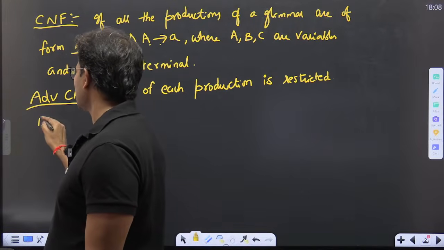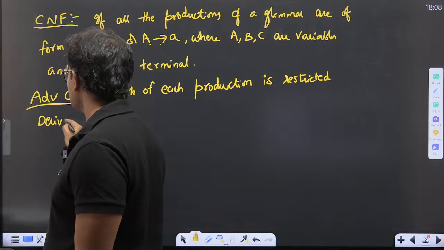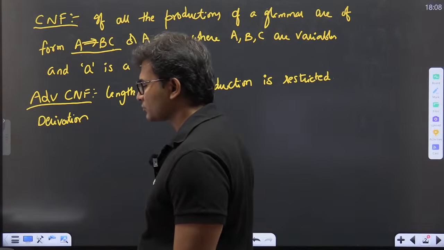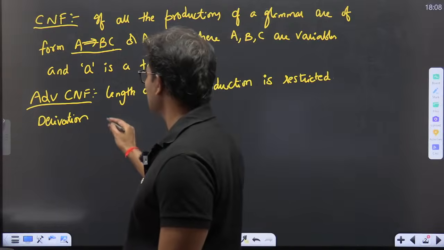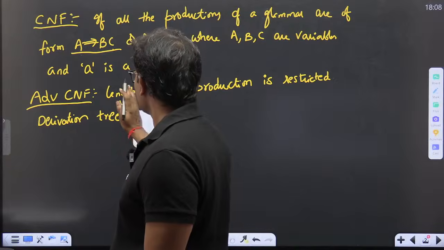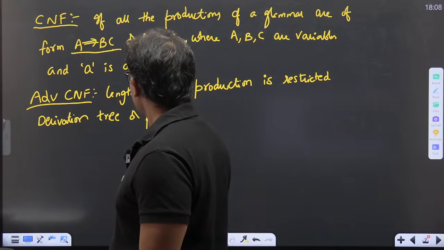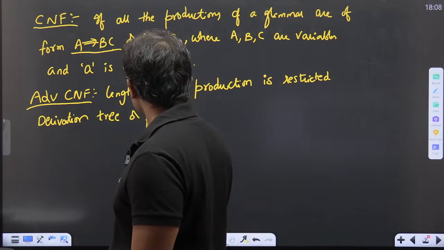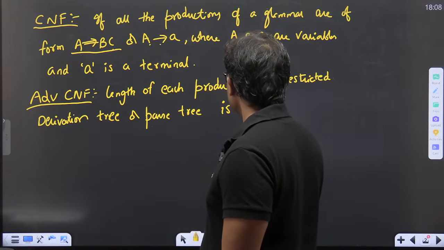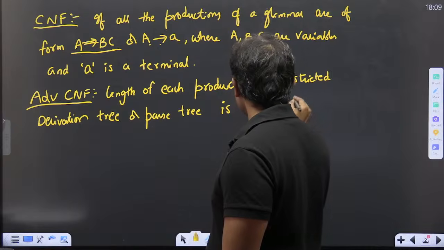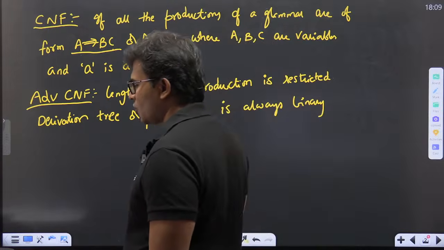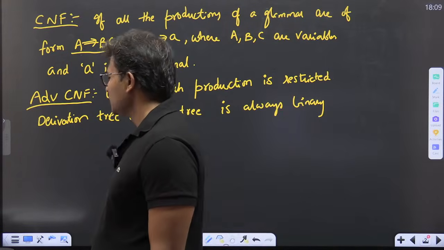And the next one is, the derivation tree or parse tree is always binary. So what do I mean by this?